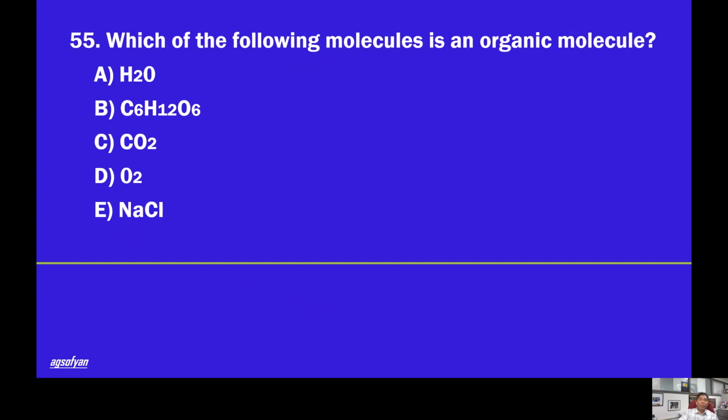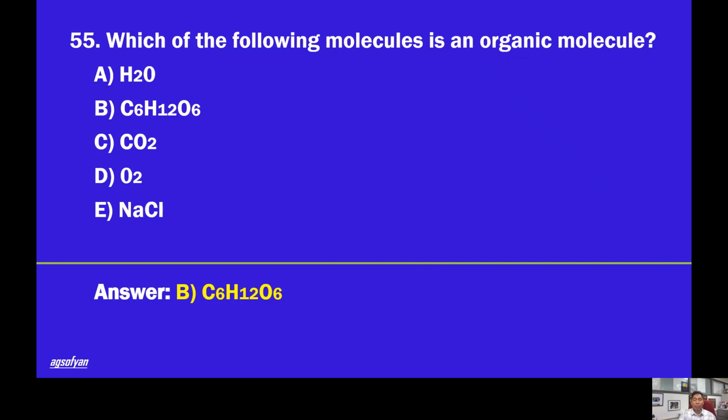55. Which of the following molecule is an organic molecule? A, H2O, B, C6H12O6, C, CO2, D, O2, E, NaCl. Choose your answer. Yes, the answer will be C6H12O6.